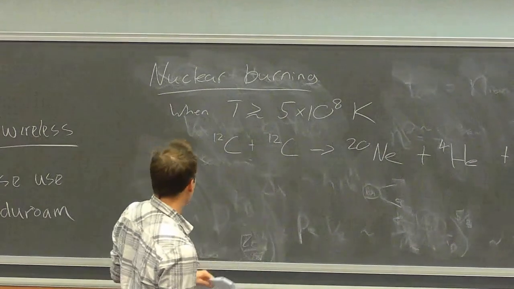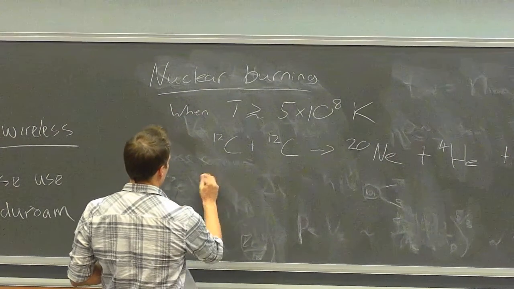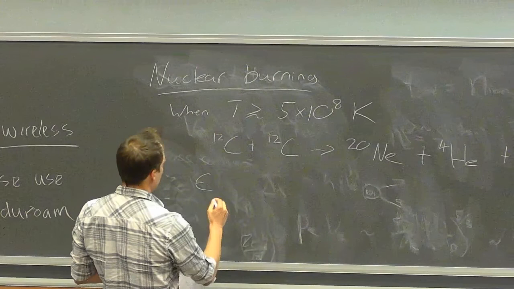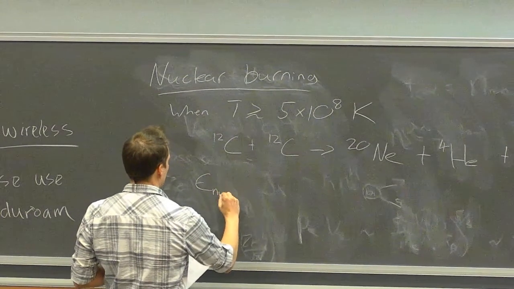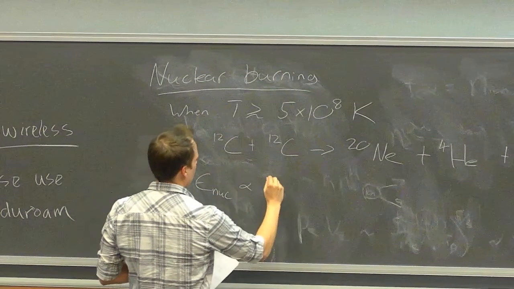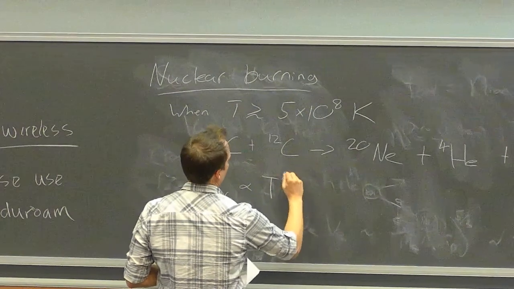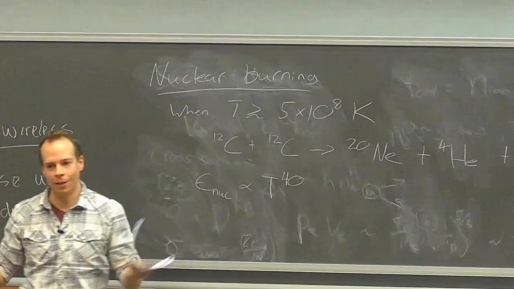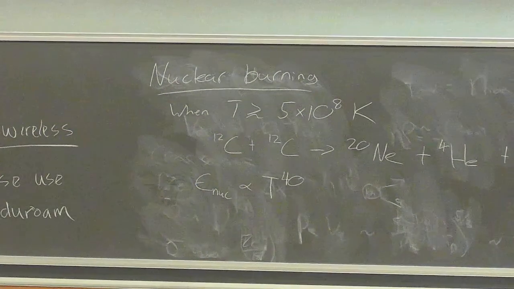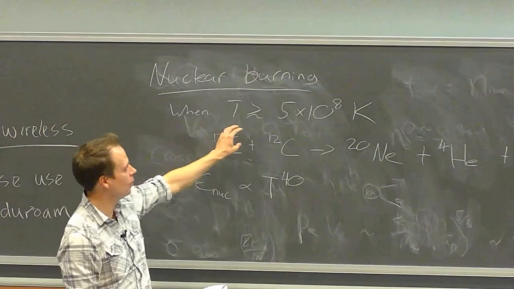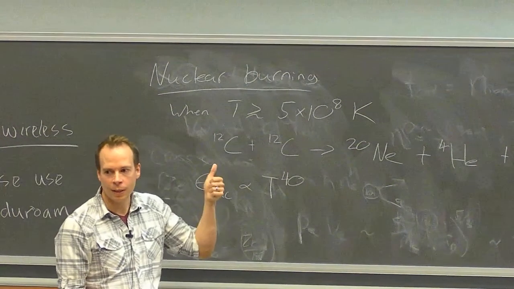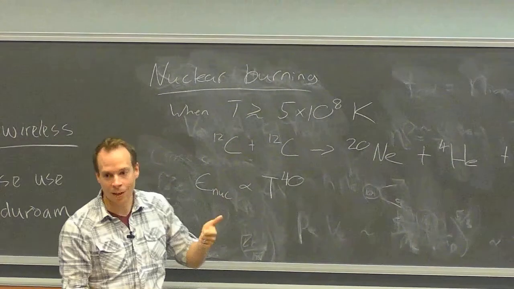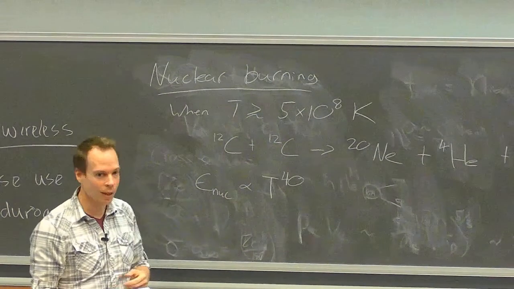So what's really interesting about white dwarfs is that typically these nuclear energy generation rates are proportional to temperature to some very large power, like temperature to the 40th or something like that. So what this means is once you start nuclear burning, you increase the temperature, and then that accelerates the nuclear reaction rates.